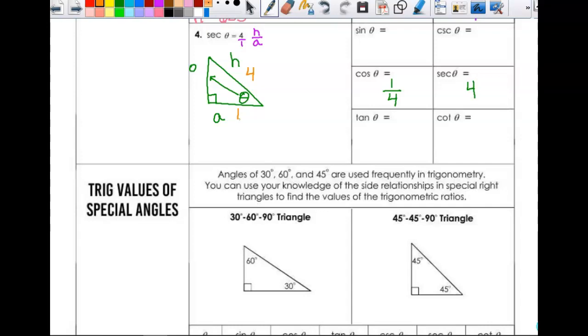And it's not the square root of 17, by the way. Square root of 15. Make sure you do Pythagorean theorem correctly. Then you go ahead and fill in the other 4 missing ones.